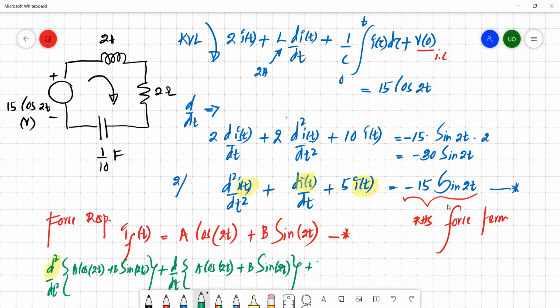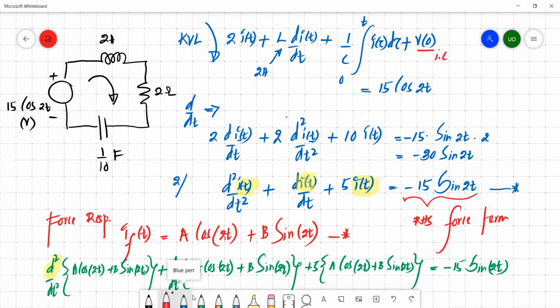Then 5 times i, a cos 2t plus b sine 2t. It should equal 15 sine 2t. Then you can evaluate the second order and first order derivatives and find the values for these.